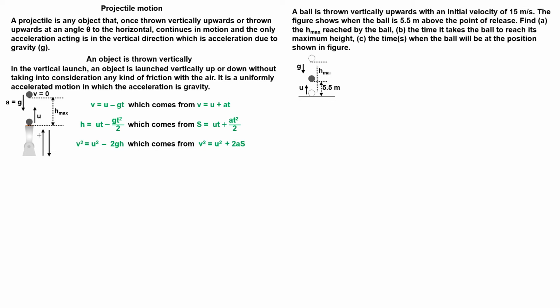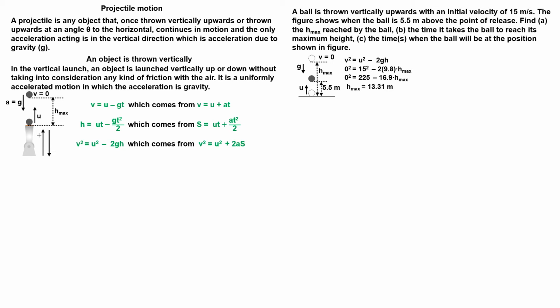We have to identify the appropriate equation to determine the maximum height. When the ball is at its maximum height, the velocity is zero. So take the third equation. Replace the initial velocity with 15, the gravity with 9.8, the velocity at the maximum height with 0, and perform the calculations.